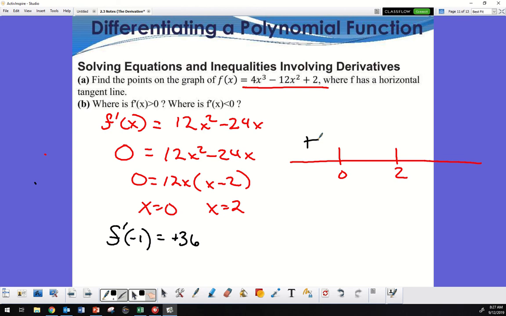All right, so now let's pick in between 0 and 2. F prime of 1 is -12. So that means that's a negative slope in between those intervals. And let's check the other side. Let's do f prime of 3.